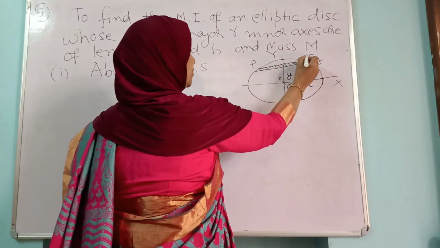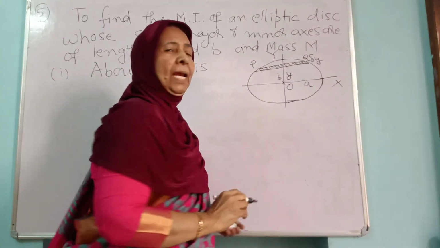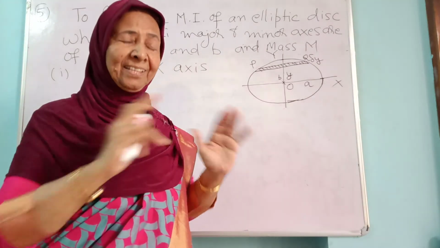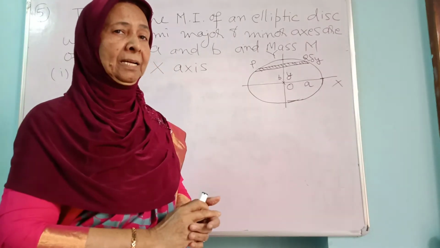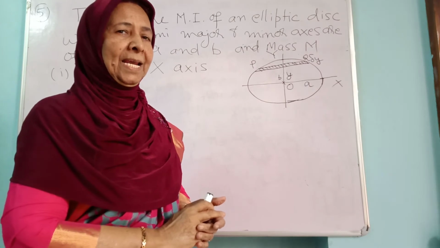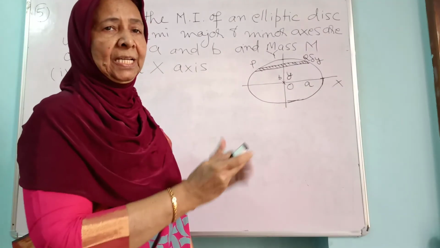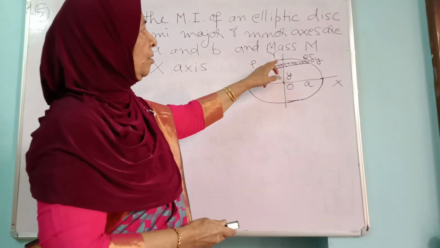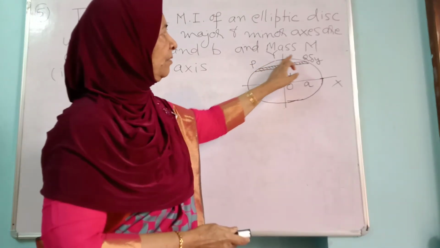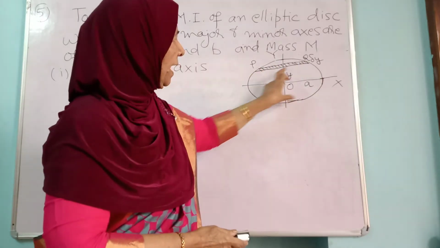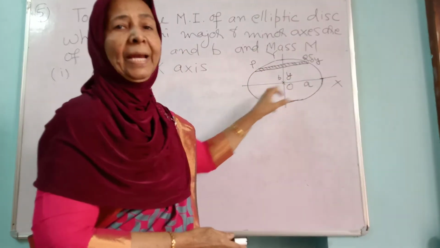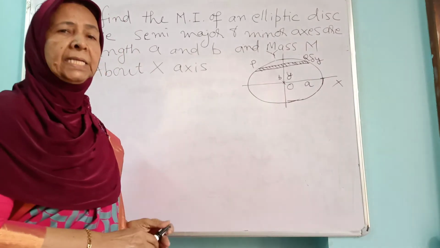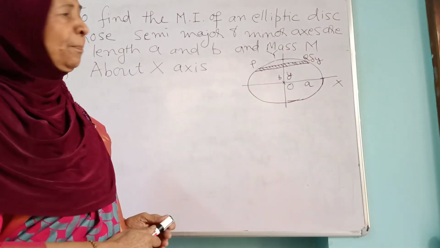So this strip is PQ, and you can observe that this elliptic lamina is made up of a number of such strips placed close to each other. One strip will be here, one strip here, and so on. So by varying these strips, we can get the moment of inertia.